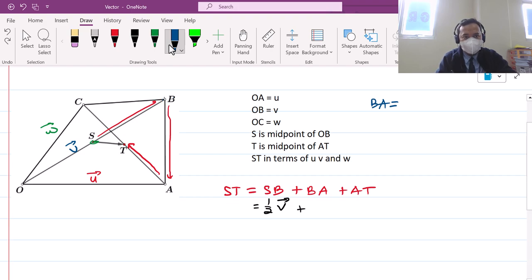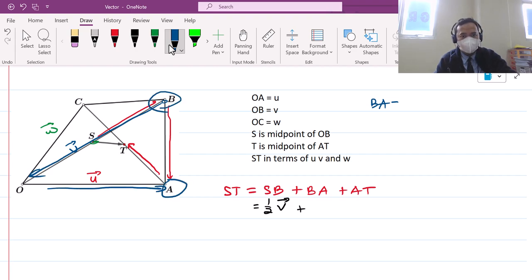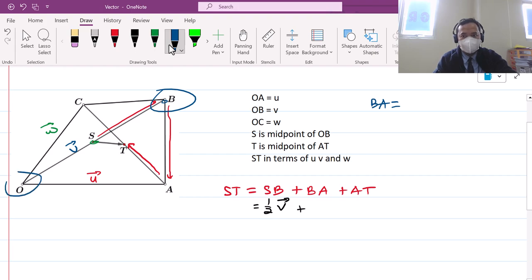You can go that way and that way, but that's too long. So let's find another path that is easier, which is going from B to O and then going to A. Can you see I start from B and end up with A? So I can write BA equals from B to O, BO, plus from O to A.